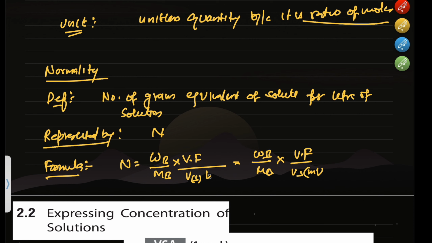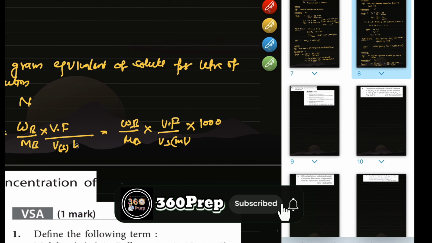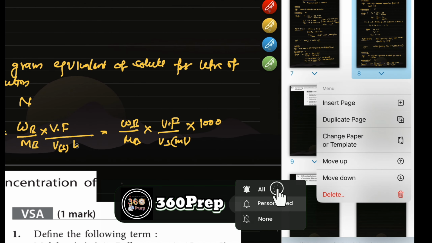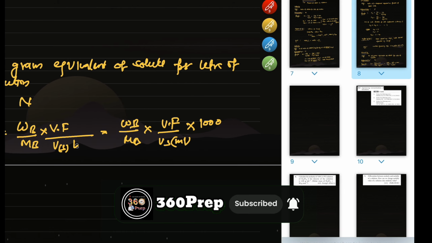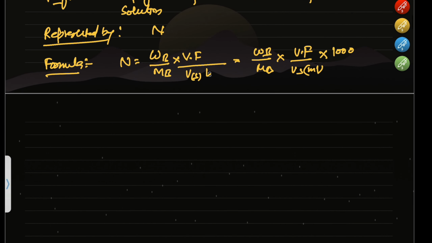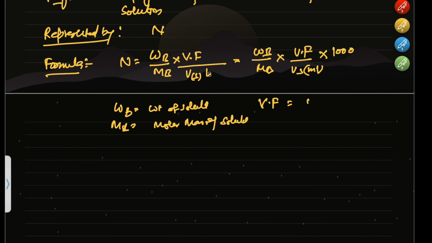When the volume of the solution is given in ml, multiply the whole formula by 1000. Here Wb is the weight of solute, Mb is the molar mass of solute, VF is the valency factor.